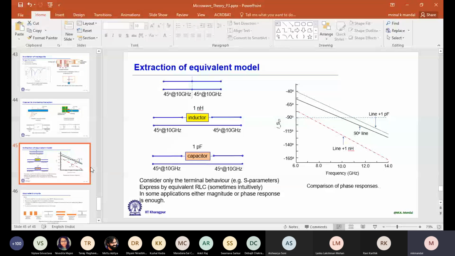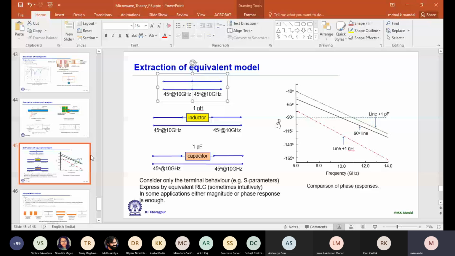Here is one simple example: we have a section of transmission line. Intentionally, I took 90° at 10 gigahertz. Now I am plotting the angle of S21 measured at the ports. If I plot the angle of S21 at 10 gigahertz, it should be minus 90°.